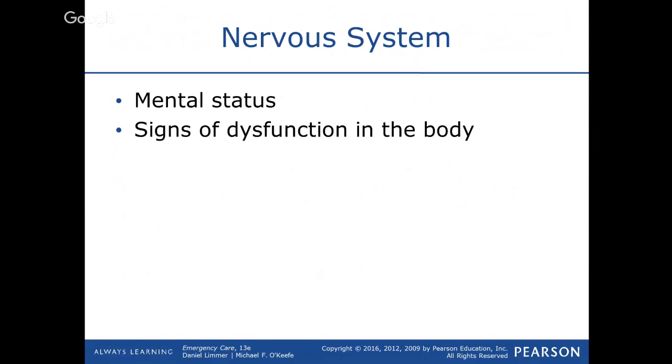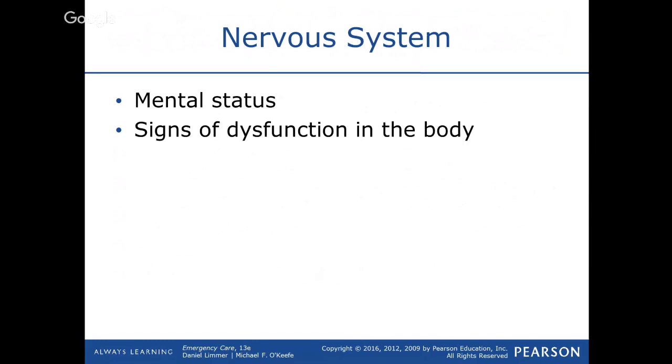So let's say that you have a car wreck, check the nervous system. You do what's called pulse motor sensation. They might have it listed as a different thing there. We used to call it neuros intact. It's been different things for different years. But basically what you're doing is checking to make sure that they still have use of their hands and their feet. They could have good pulses.